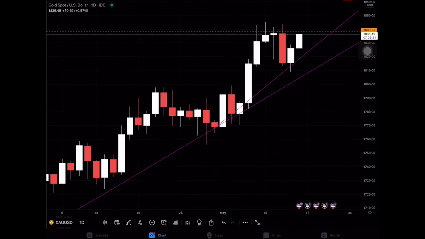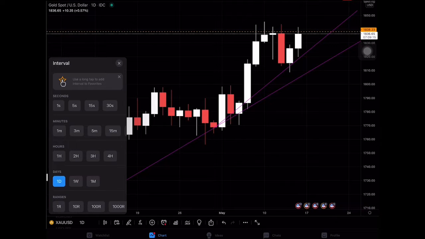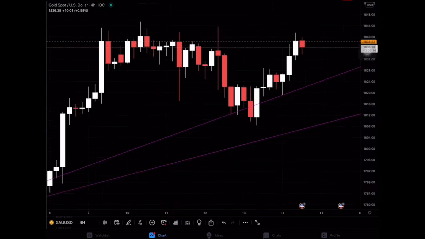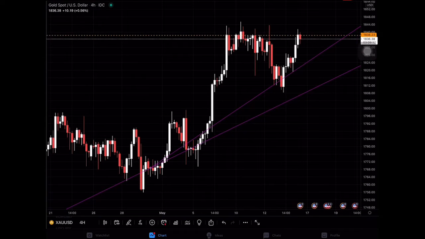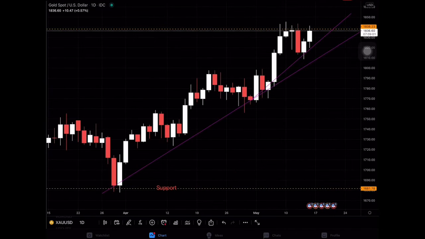So since we know that there's the third point here that we can entry, now we go into a lower time frame, that is the 4-hour time frame. We can adjust the trend line. Previously from the daily, you guys know there's a trend line here, there's one.